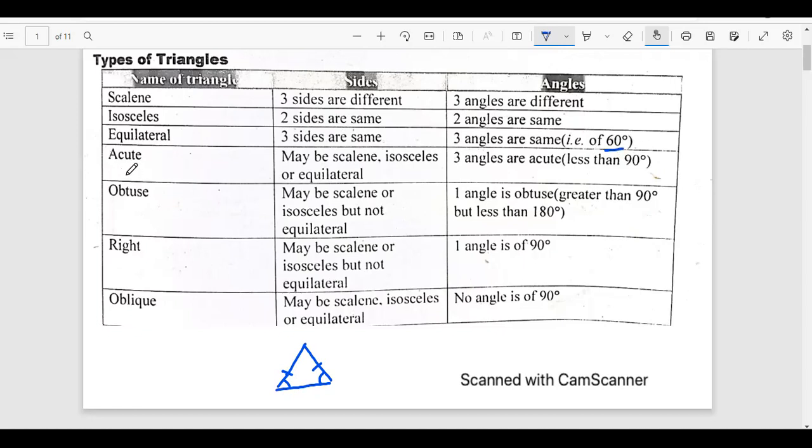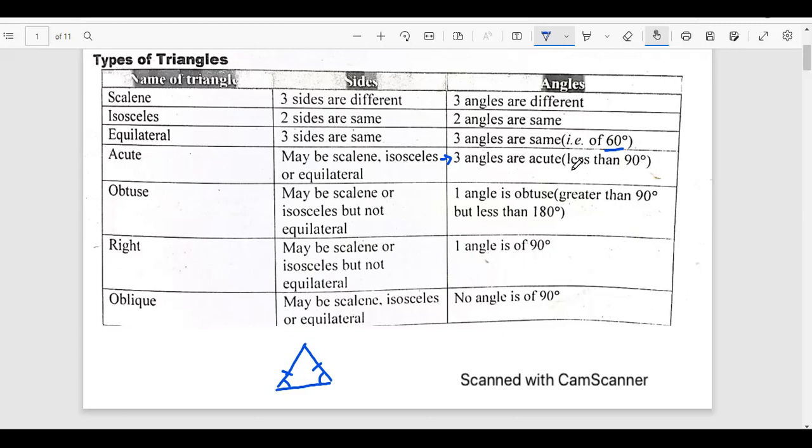Then if I'm saying a triangle is acute, it means it could be scalene, isosceles, or equilateral as well. The only thing is, all three angles are acute, less than 90. It could be scalene, isosceles, or equilateral, but every angle should be less than 90.